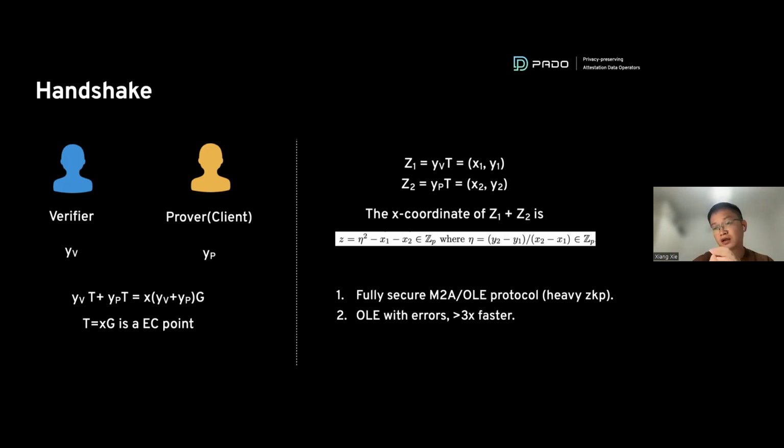There is a very standard way to do this kind of two-PC protocol, but it involves a few building blocks. In the DECO paper, they're using a fully secure M2A.